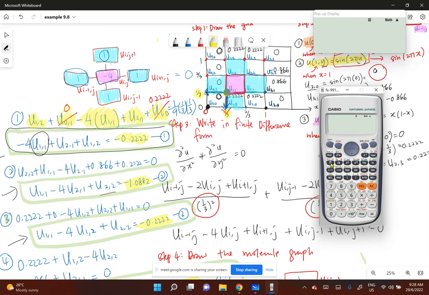So here I put in 1/9, times 1/3, times 1/3, right? And then we have to minus this negative 0.2222, minus 0.2222. So we get negative 0.2099.